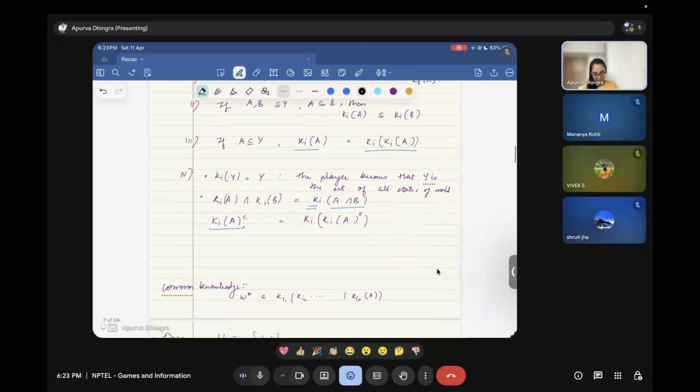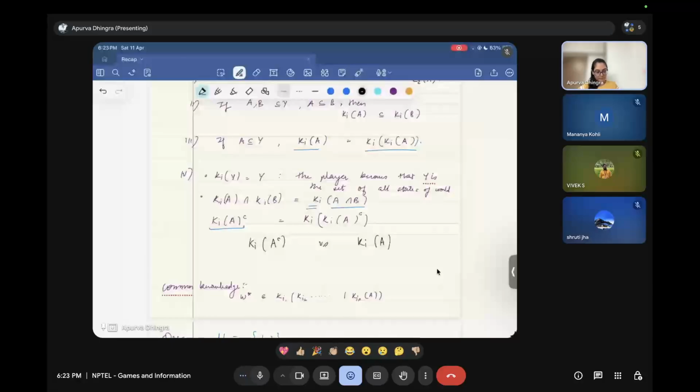There is a difference between this versus Ki of A. Here the player knows the complement of A. Here the player knows the event A. So these two are very different objects, and in fact we can't compare these two.